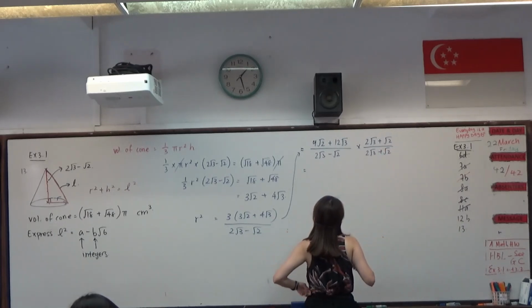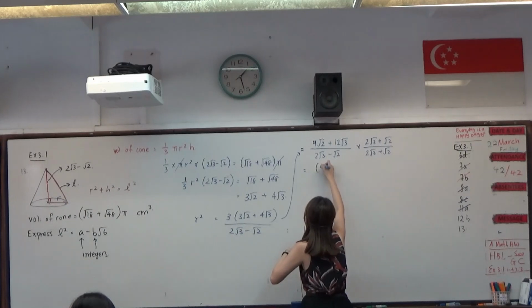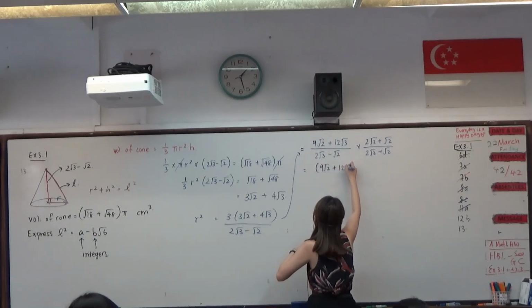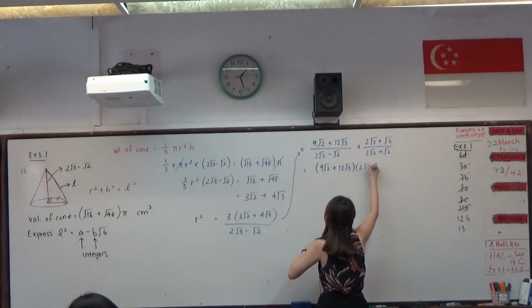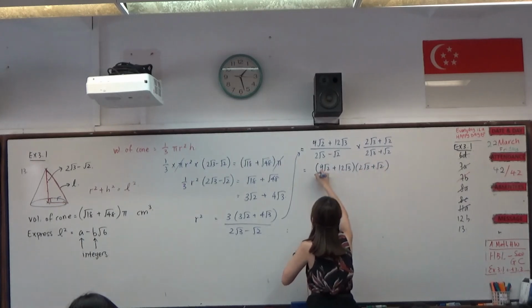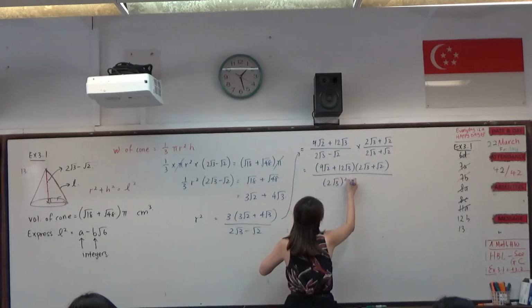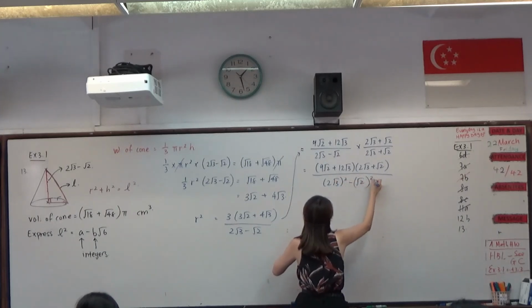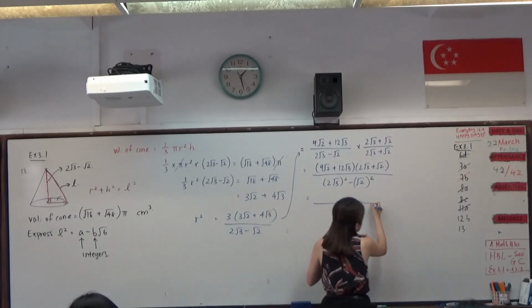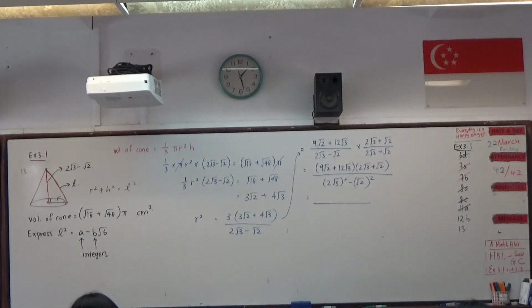And then we get 9 root 2 plus 12 root 3 times root 3 plus root 2 over 2 root 3 squared minus root 2 squared. Denominator, press calculator for it. We get 10.